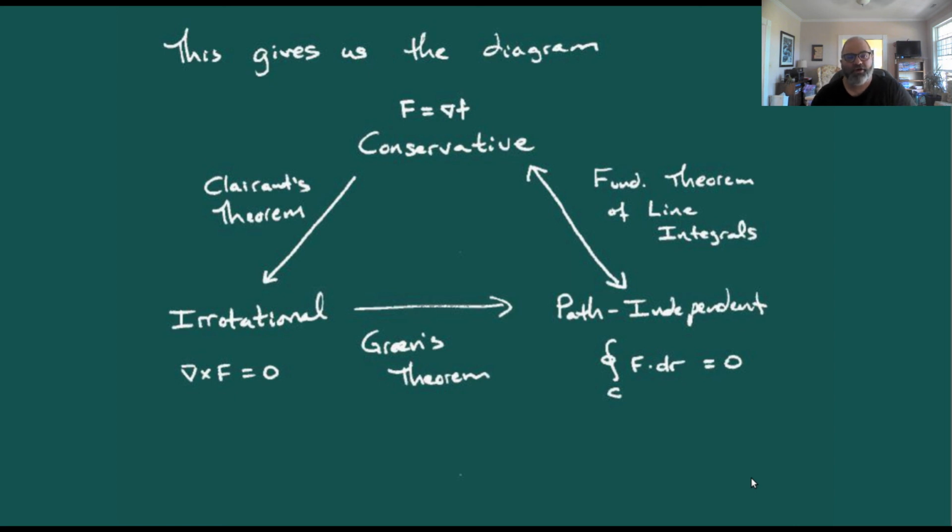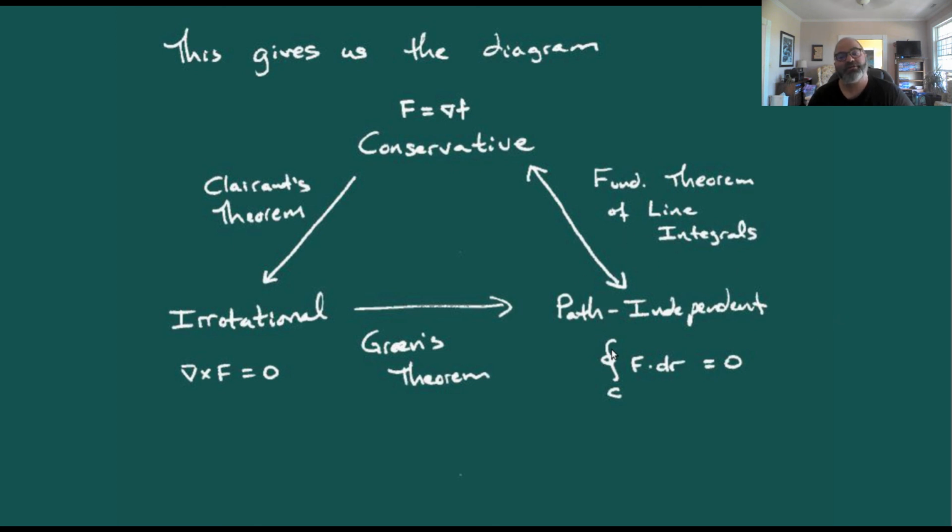And so another way of looking at this is coming back to this diagram of our conservative property, that it's the gradient of some function. That's going to be equivalent to this thing being path independent for the fundamental theorem of line integrals.